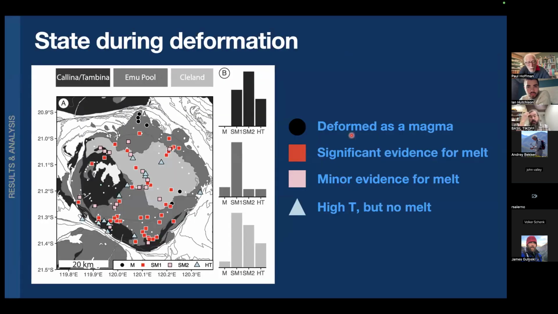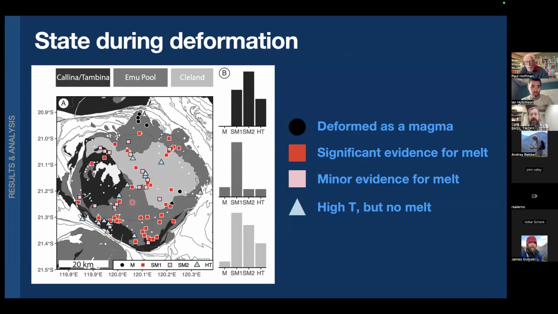All right. Now that we know what those look like, here's the distribution of them. So again, if you start with the Cleland, so the young stuff, it's deforming by high temperature deformation as well, so solid state deformation, but it also has evidence for melt in this area, and it's got both insignificant evidence and also minor evidence for melt. So, and the same is true of all the other units.